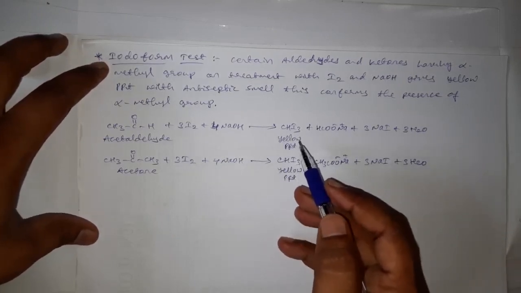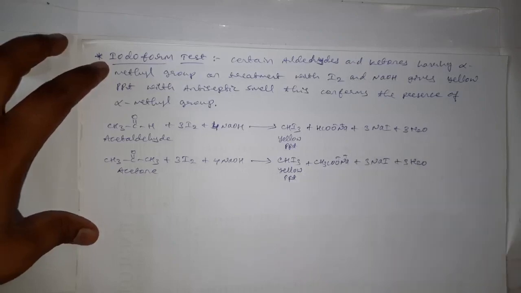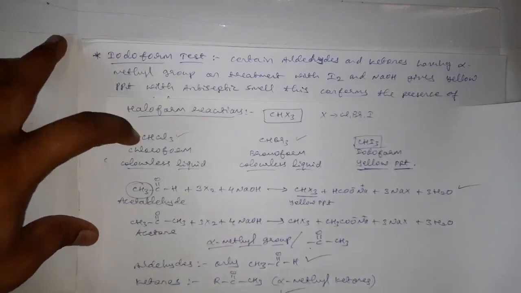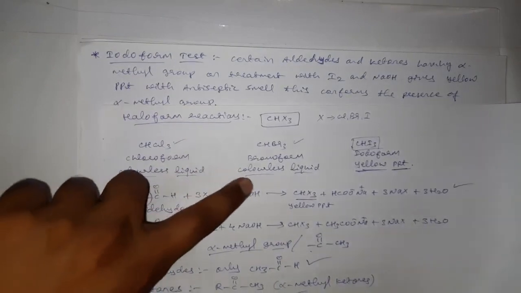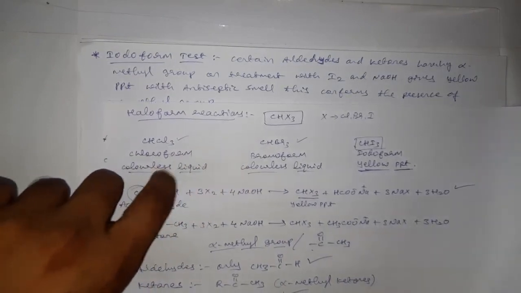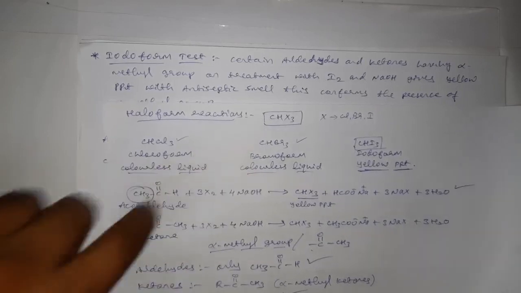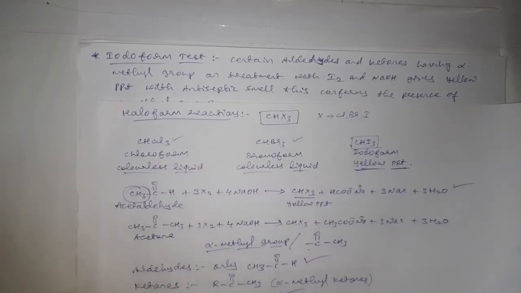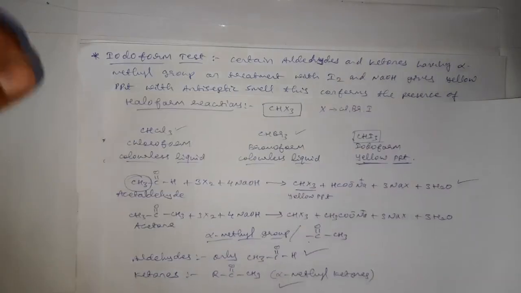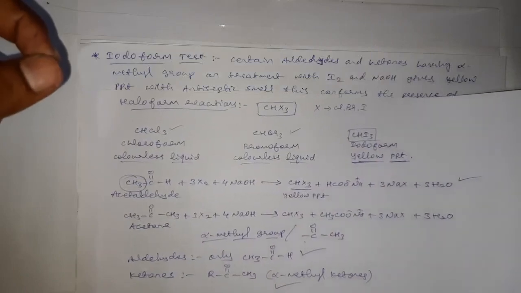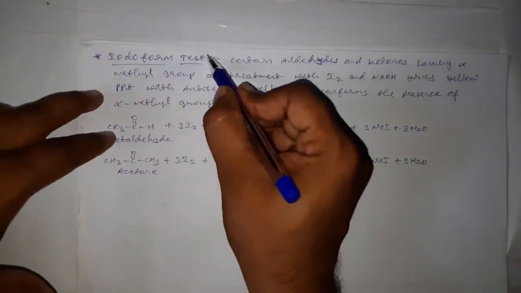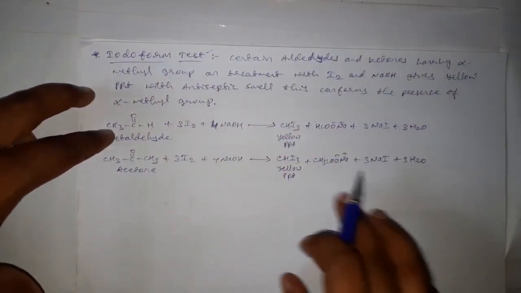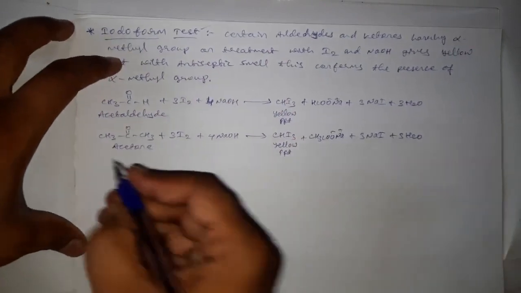Those chloroform and bromoform are colorless in nature, and those haloforms will not show any color change during the reaction, and therefore we cannot judge the change in the products to judge the type of aldehyde or ketone which is present in a sample. Okay, that's why we are taking the iodoform test, the formation of an iodoform.